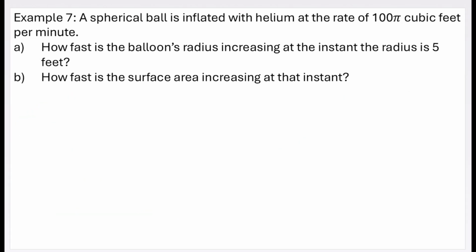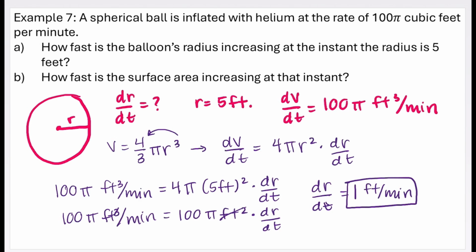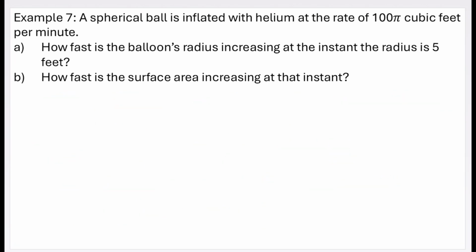All right, so now we're going to do the same thing, but about the surface area. So we already know lots of things now. We found dr over dt, and that's 1 foot per minute. We already knew dV over dt, which was 100 pi feet cubed per minute.